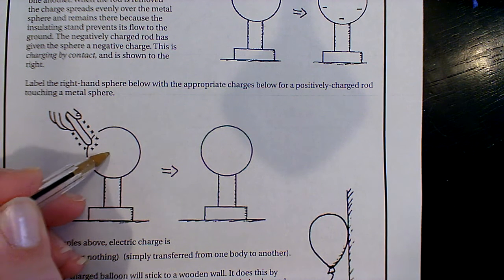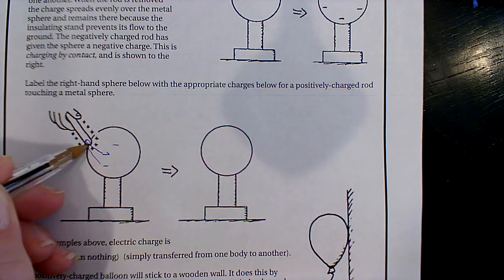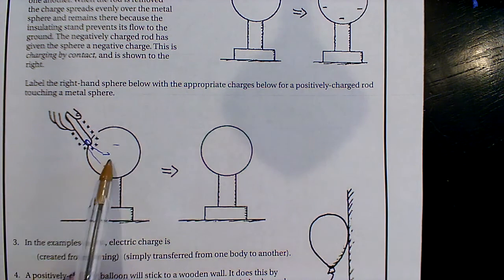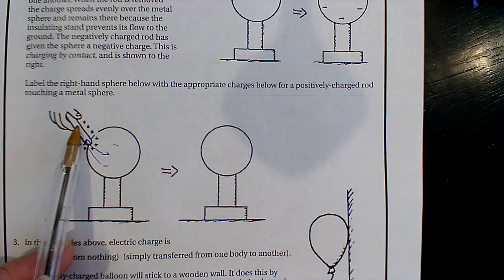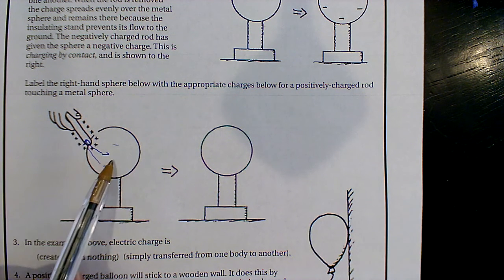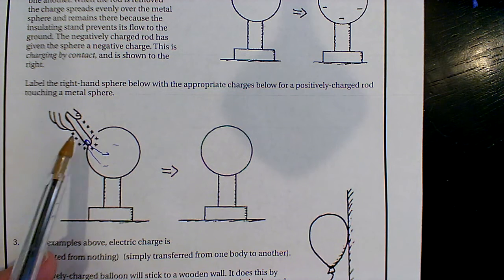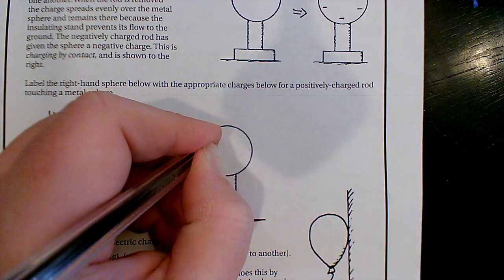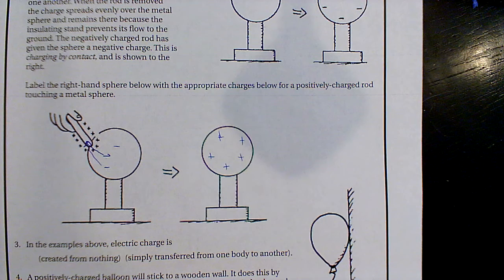Some of the negatives are going to go onto the rod, pulled off of here because of this accumulation of positive charge. If negatives leave, we're going to have some positive charge left behind.